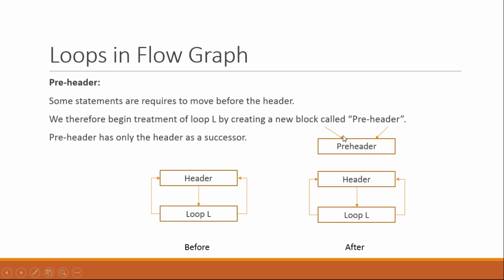If we reach the header part, we must first reach the pre-header, then the header, and then the loop. After optimizing our code from the loops in a flow graph, we have pre-header, header, and a loop.